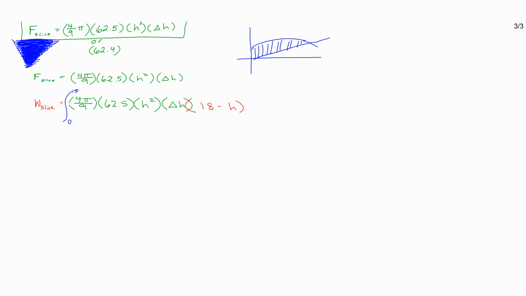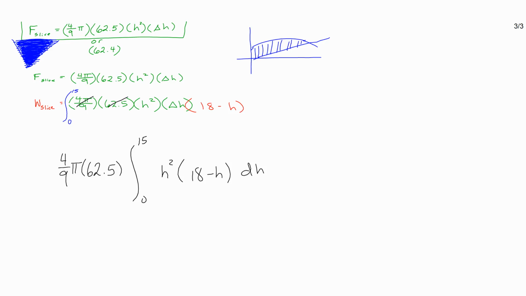Well, there's nothing on Google on this thing, I'll tell you that right now. All right, so what comes out? The 4/9 pi and 62.5, all that comes out. 0 to 15, and we've got h squared times 18 minus h dh.